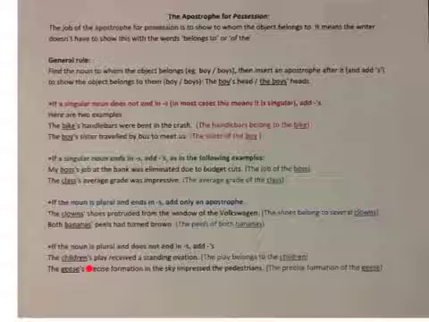So children is the noun, underline that, then you do an apostrophe and then s. And again here, the geese's precise formation in the sky impressed the pedestrians. The precise formation of the geese. So it's of the geese. Geese doesn't end in s, it ends in an e, so you put the apostrophe to point at the geese, and then an s.